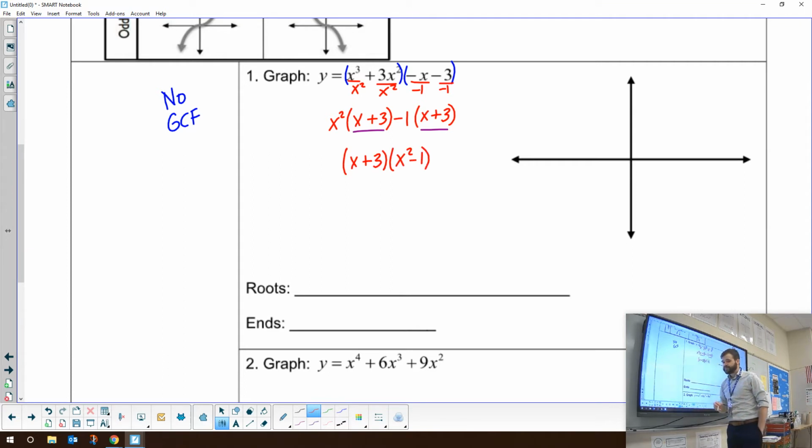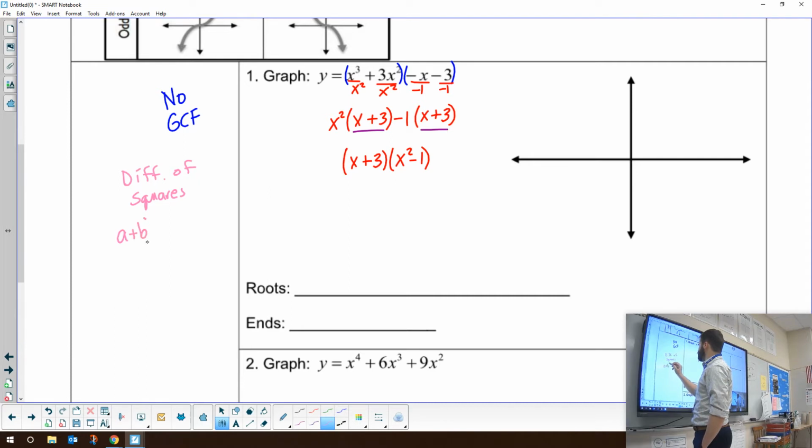Now, we're not done factoring quite yet. That x squared minus 1 can still factor a wee bit more. That is a difference of squares. Remember, when we have a difference of squares, it's going to be a plus b times a minus b, where a and b are the square roots of our perfect squares.